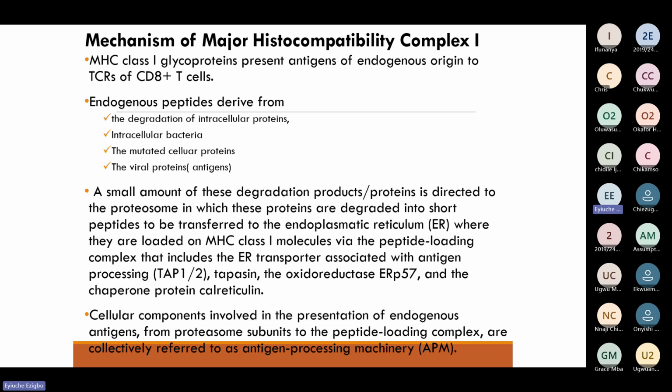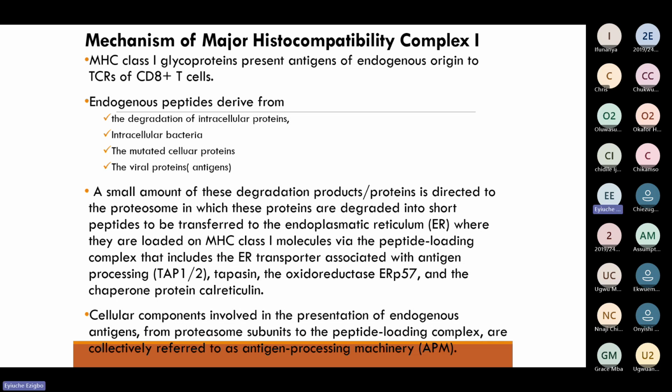The MHC class 1 glycoprotein presents antigen of endogenous origin to T cell receptors of CD8 cells. So what the class 1 molecule does specifically and majorly is to present antigens that are of endogenous origin, that is, antigens that have invaded the cell.